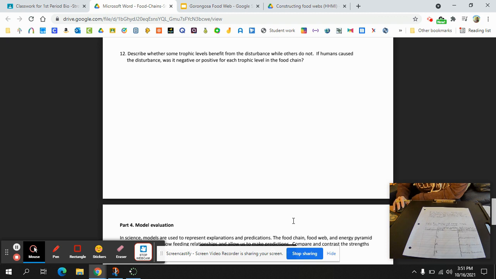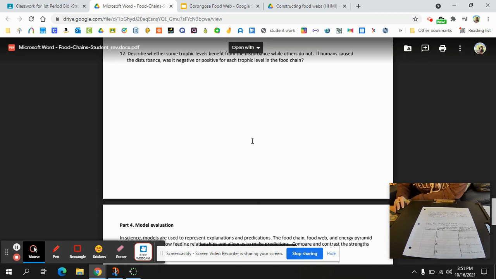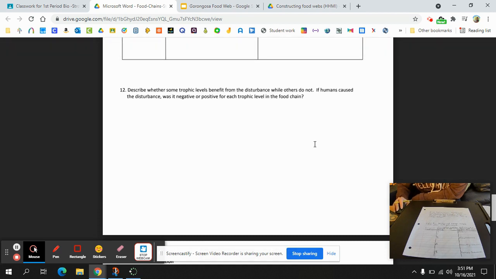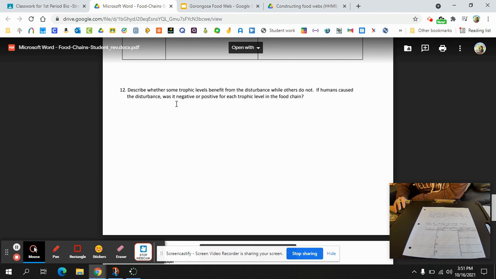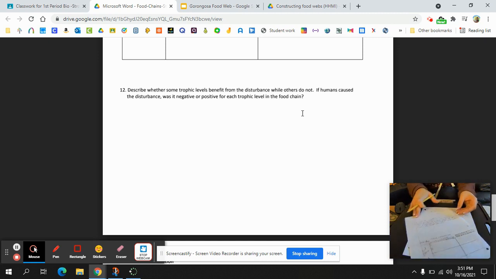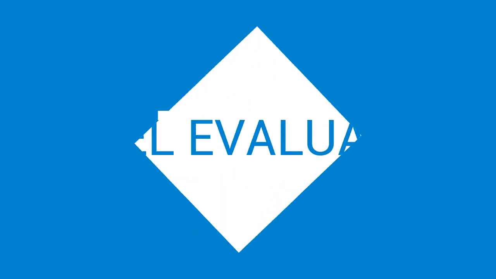Once you've finished filling out your chart, then describe whether some of the trophic levels benefit from the disturbance while others do not. If humans caused the disturbance, was it negative or positive for each trophic level in the food chain? Answer that on your notebook version of the assignment.